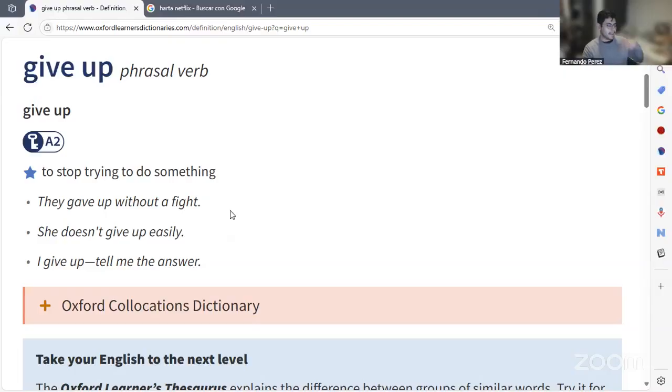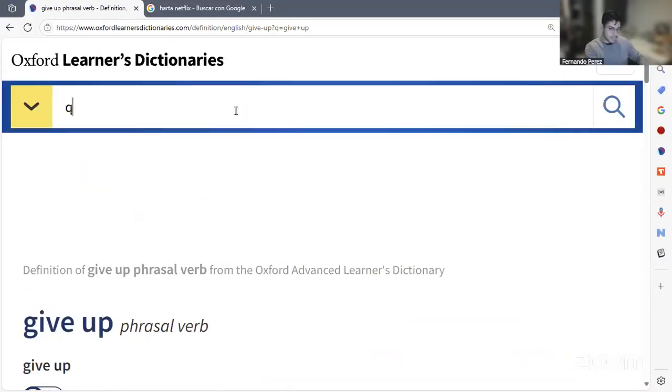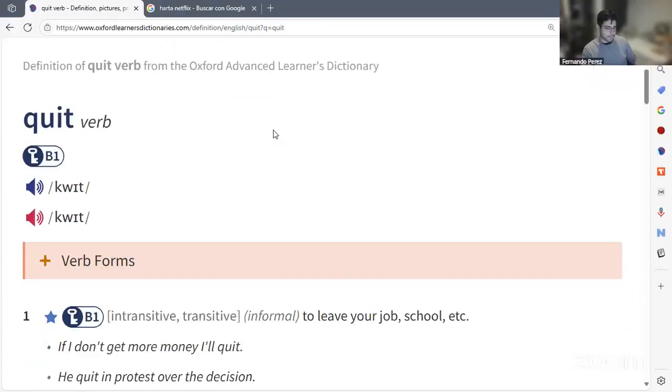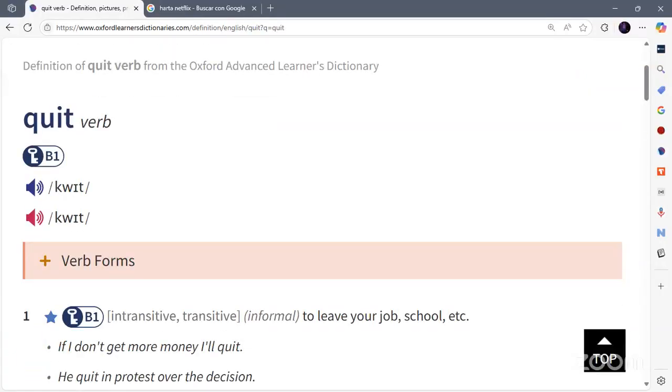Give up, and another case is a synonym to quit. Who remembers what's quit? Renunciar. Exactly. Renunciar, quit. But this is only for work. When you're talking about work, quit is renunciar. But when you are talking about a normal action, it is to stop.